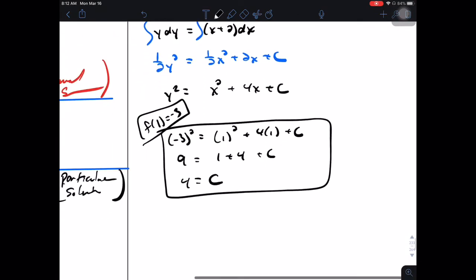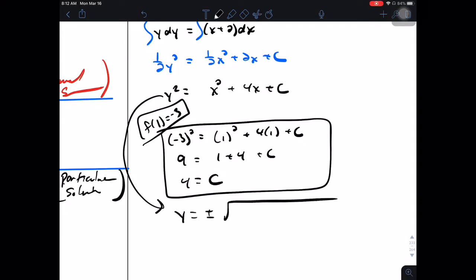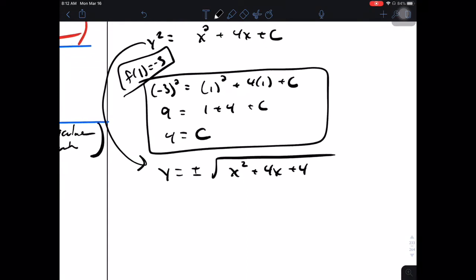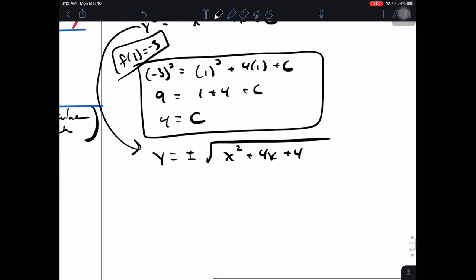Once c is 4, we can take this fellow here and square root both sides. We're going to get plus or minus the square root of x squared plus 4x plus 4. Now that's two different answers once again. It's a positive and a negative version. So the question you got to ask yourself, which equation contains 1, -3?